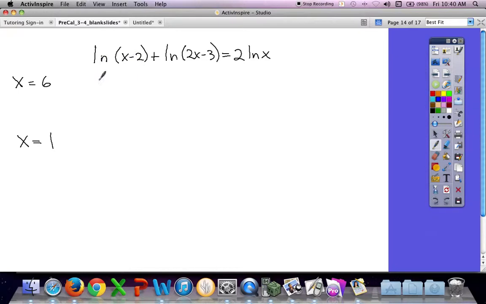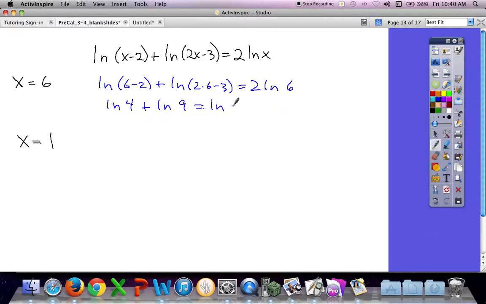For x equals 6, I get ln of 6 minus 2 plus ln of 2 times 6 minus 3 equals 2 times ln of 6, which is ln of 4 plus ln of 9 equals ln of 6 squared.